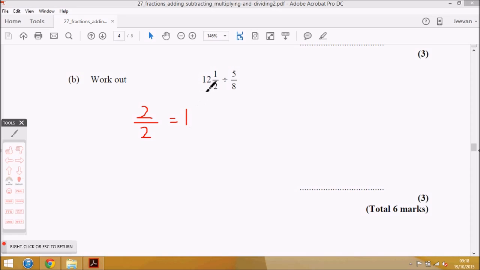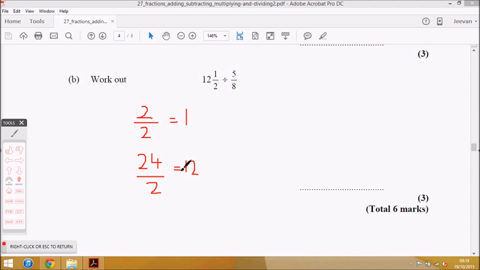So if you have 12 whole ones, we have 2 halves, another 2 halves, and so on, and you have 12 of those. So we have 24 halves altogether. 24 halves will give us 12 whole ones, because there's 2 halves in one whole one.